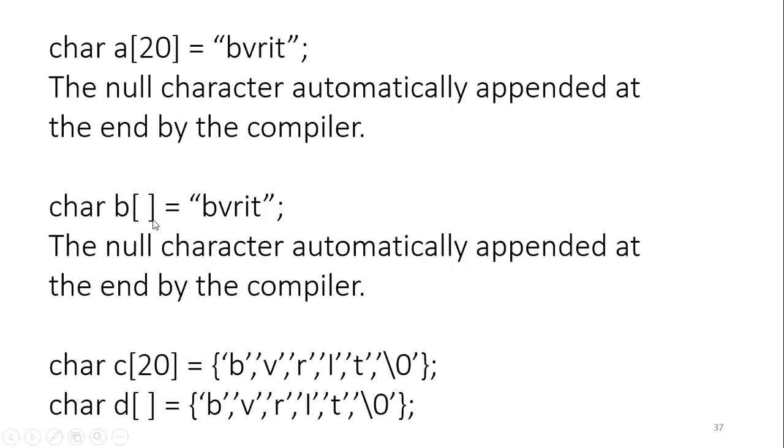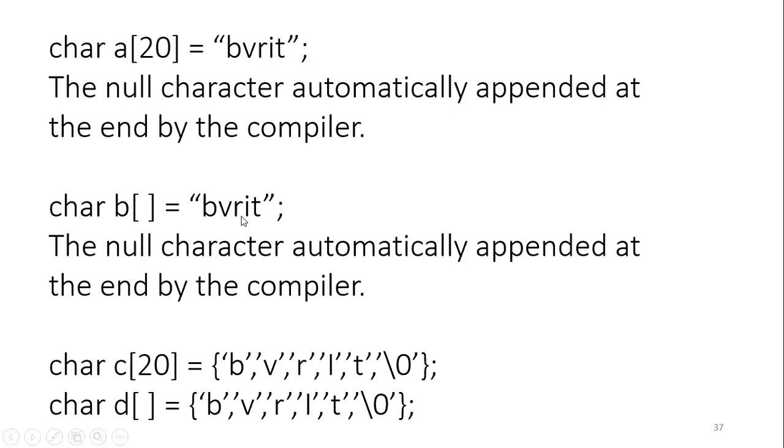Now, in this b array, b[0] will contain b, b[1] will contain v, b[2] will contain r, b[3] will contain i, b[4] will contain t, b[5] will contain \0. The \0 is automatically appended by the compiler. So here we can give the size, or here there is no need to give the size.